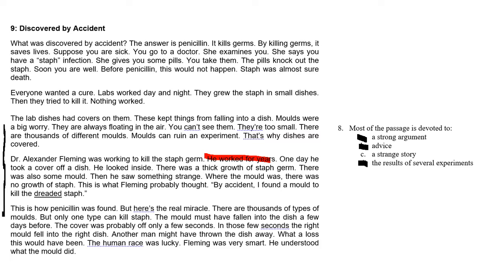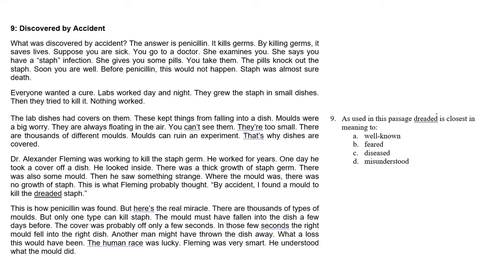You should drink less alcohol. This is advice, and that word should shows you this is advice. But in this passage, there is nothing that is advice to people. It is what happened in the past. It is a story about what happened in the past. So the best answer is C. It's a strange story.